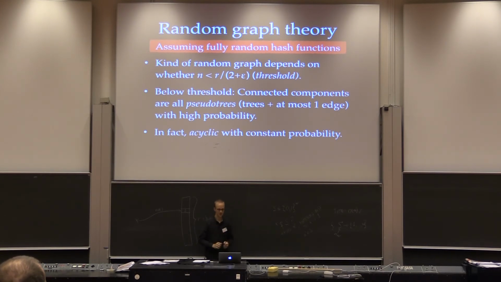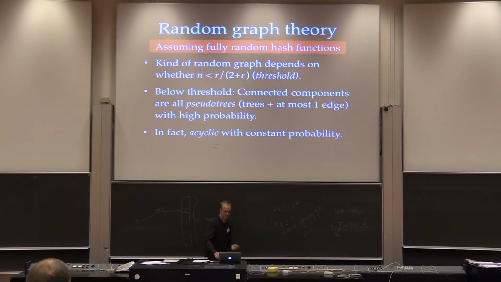Well, at least almost. There is a probability that we have trees plus 1 edge. This is called a pseudo tree. It's going to look almost like a bunch of trees and be acyclic. And if we put in more edges, actually with high probability, we are going to have lots of cycles.